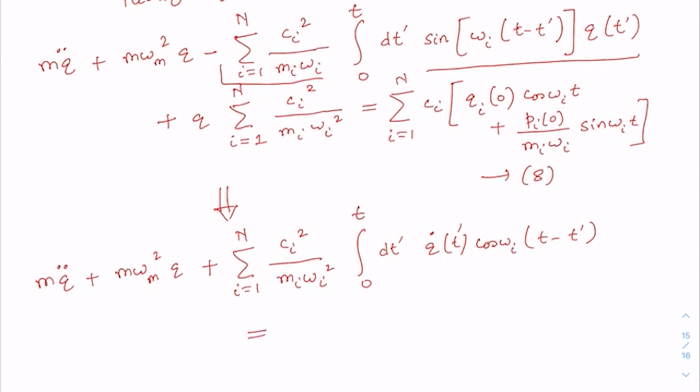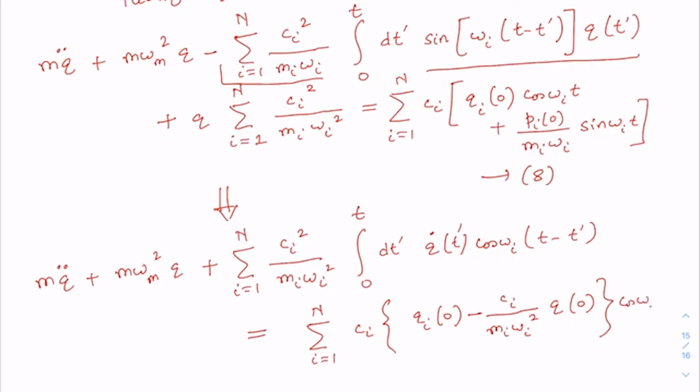Okay, and here on the right hand side I have sum over i equals 1 to n of ci. I think the same expression I am putting here. I will have qi 0 minus ci by mi omega i square q of 0, and this term is actually coming after simplification of the third term, and we have here cos omega i t.